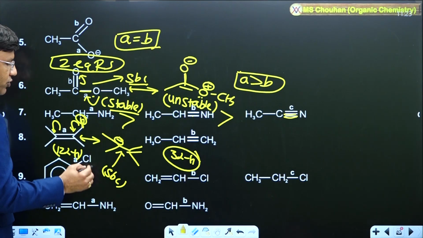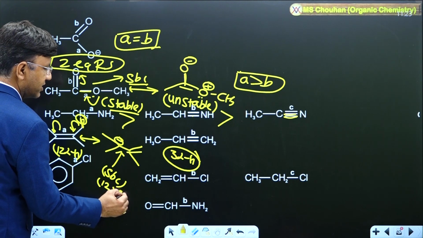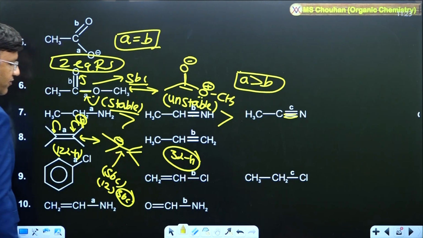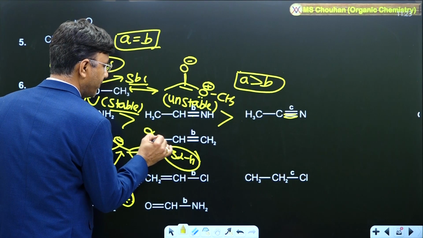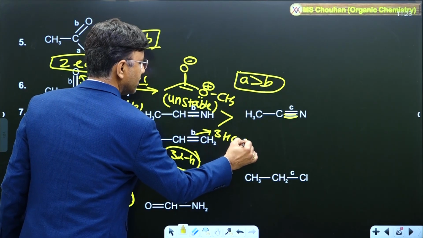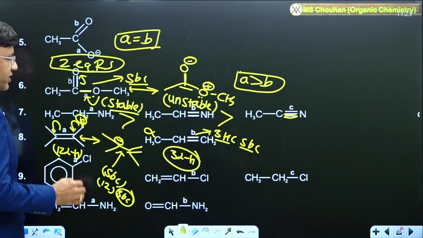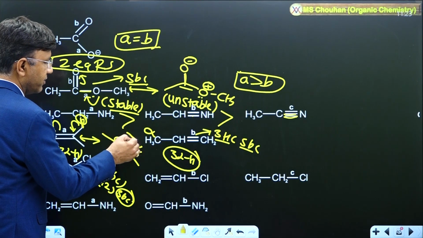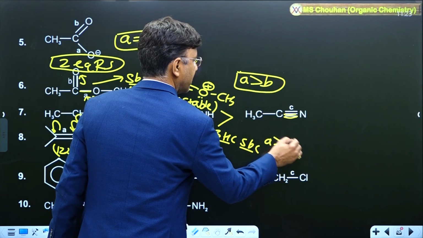How many hyperconjugating structures have single bond character? 12 hyperconjugating structures have single bond character. Why 12? Because of 12 alpha H. Similarly, in B, 3 hyperconjugating structures have single bond character. So which has more bond length? The first is greater than the second. Means A is greater than B.